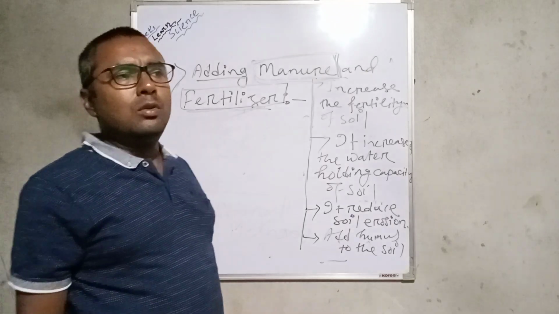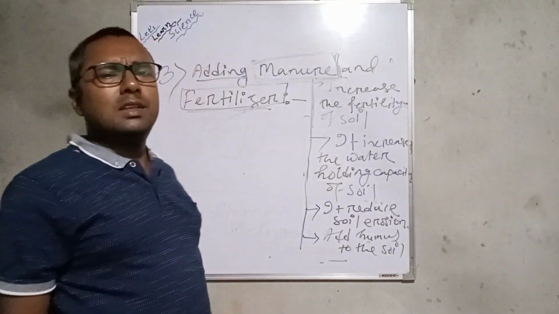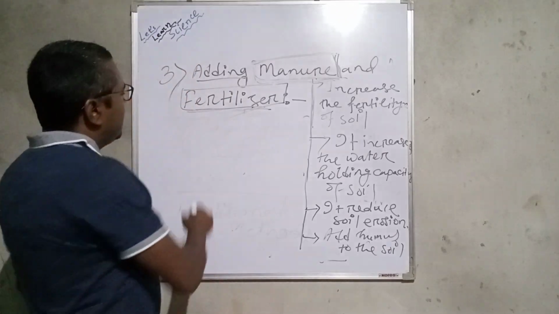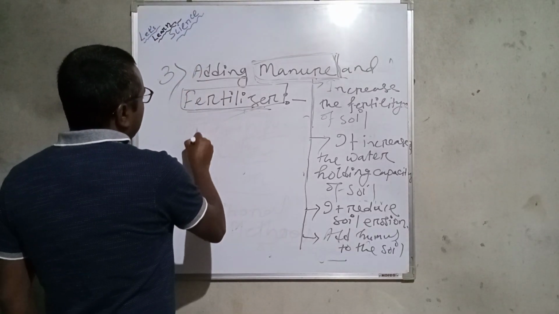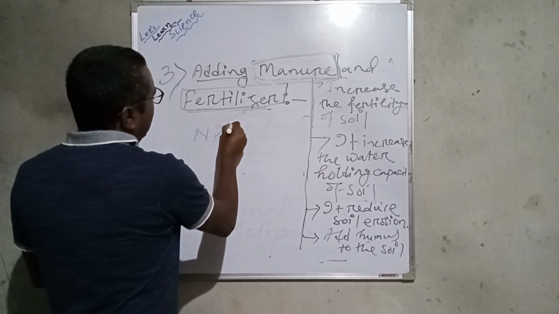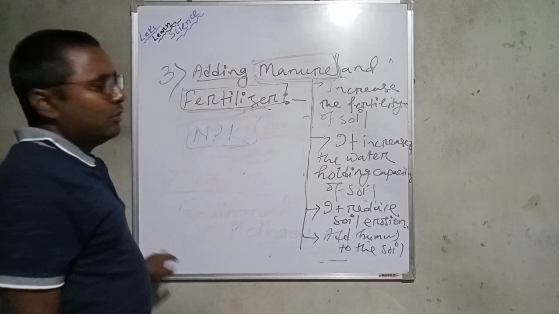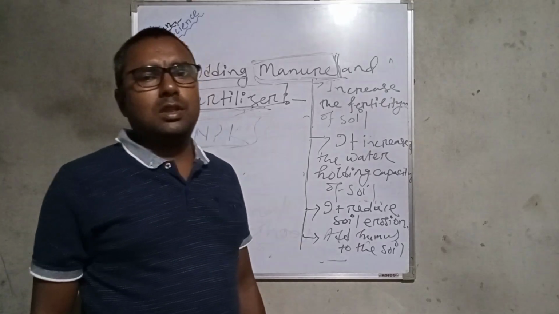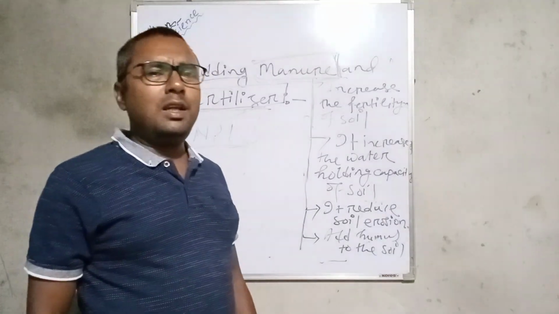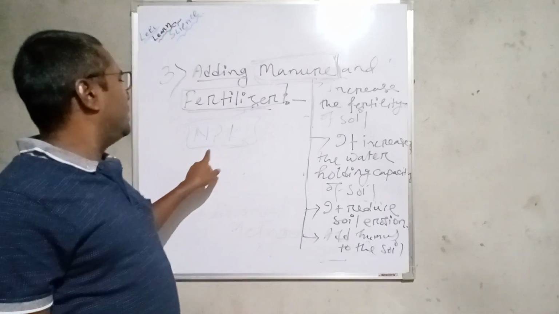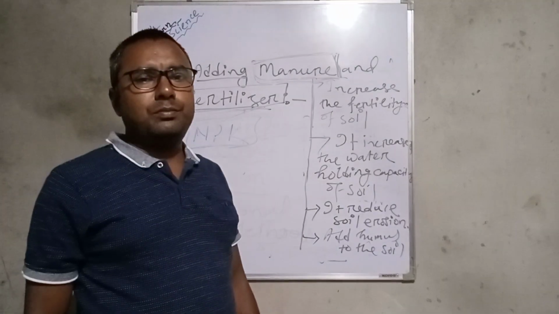Now let us see what are the different types of fertilizers generally the farmer uses. That is NPK. NPK means nitrogen, phosphorus and potassium. Mainly, fertilizers are found in these three forms: nitrogen, phosphorus and potassium.